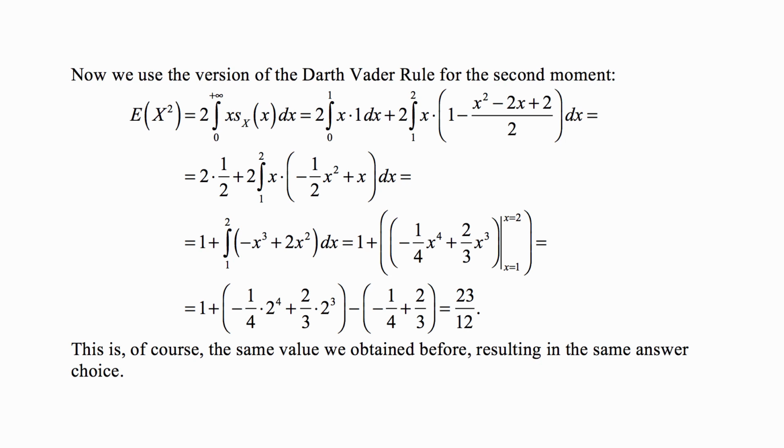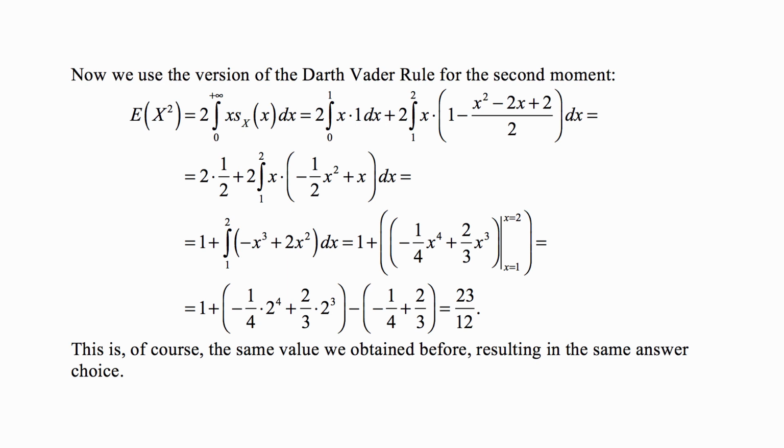And now we use the version of the Darth Vader rule for the second moment. E of X squared is 2 times the integral from 0 to plus infinity of x times the survival function. And that's 2 times the integral from 0 to 1 of x times 1, plus 2 times the integral from 1 to 2 of x times 1 minus (x squared minus 2x plus 2), the whole quantity over 2.